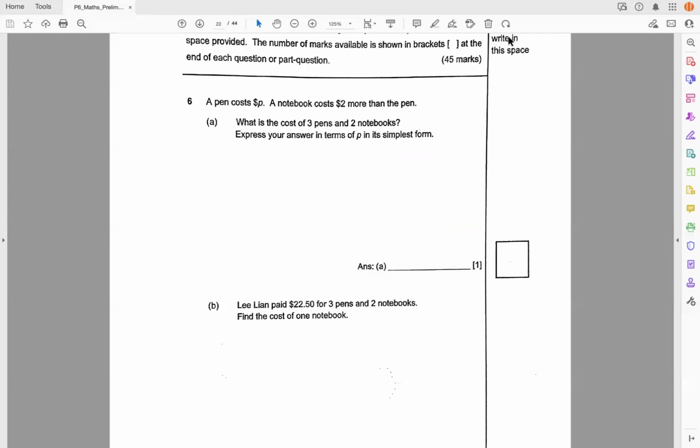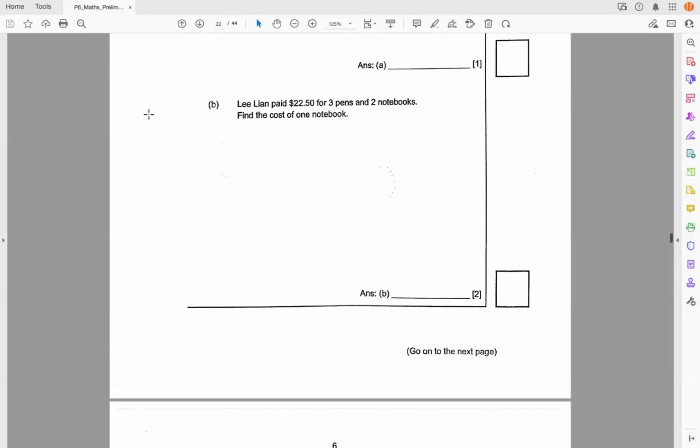Now, Lillian paid $22.50 for 3 pens and 2 notebooks, which you calculated earlier. We calculated earlier it is 5P plus 4, right?